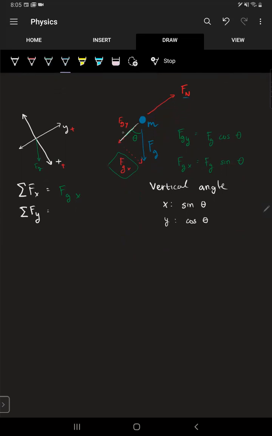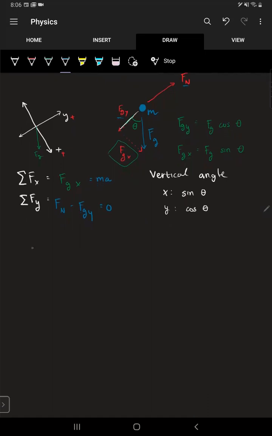There's Fn and Fgy. So it's Fn minus Fgy, and that equals 0. Why? Because remember, the box is not flying out of the ramp. It's not accelerating above the ramp, and it's not sinking into the ramp. So it doesn't have a y acceleration. Whereas the x does.